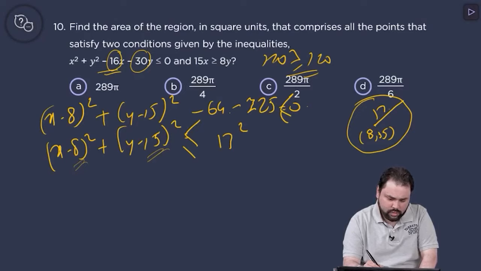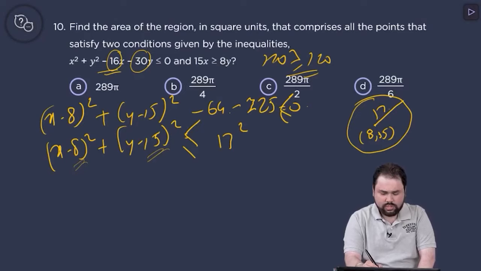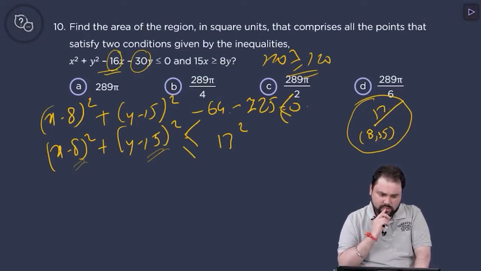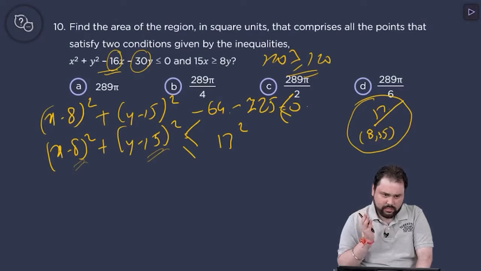So above it won't satisfy. But if I go 8 comma 16, 8 comma 16 also won't satisfy, but 9 comma 15 will satisfy, which means y remains the same, x goes.